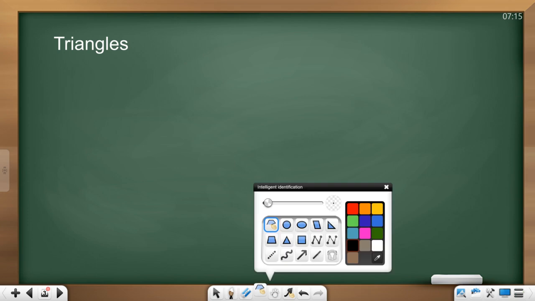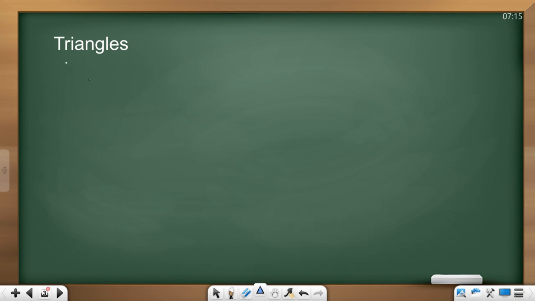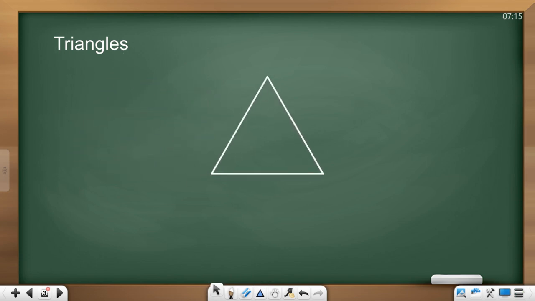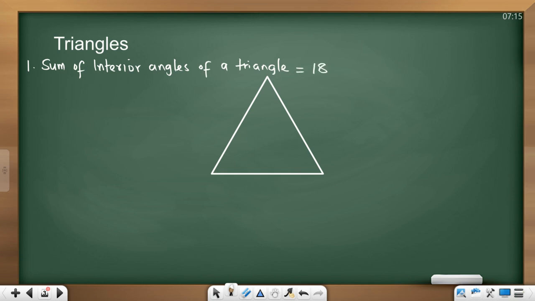The first basic knowledge is the sum of interior angles of a triangle. And we know that that is equal to 180 degrees.